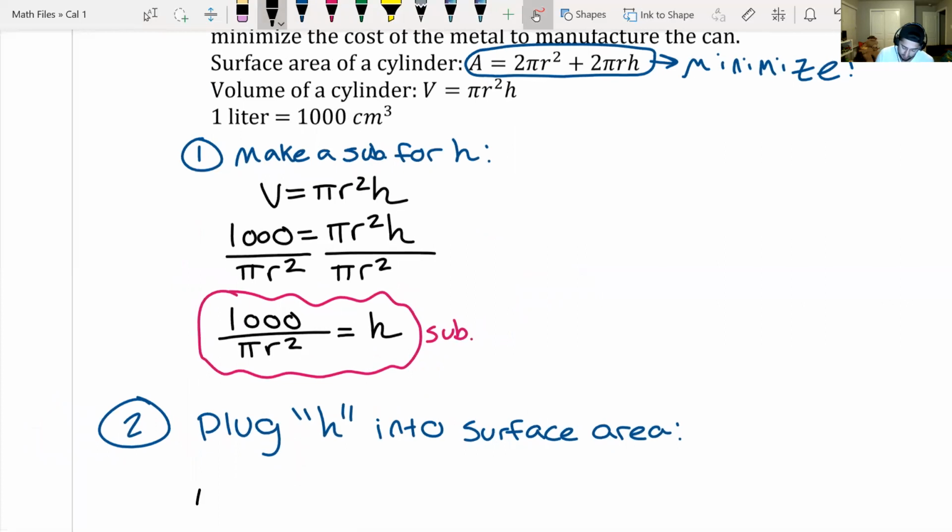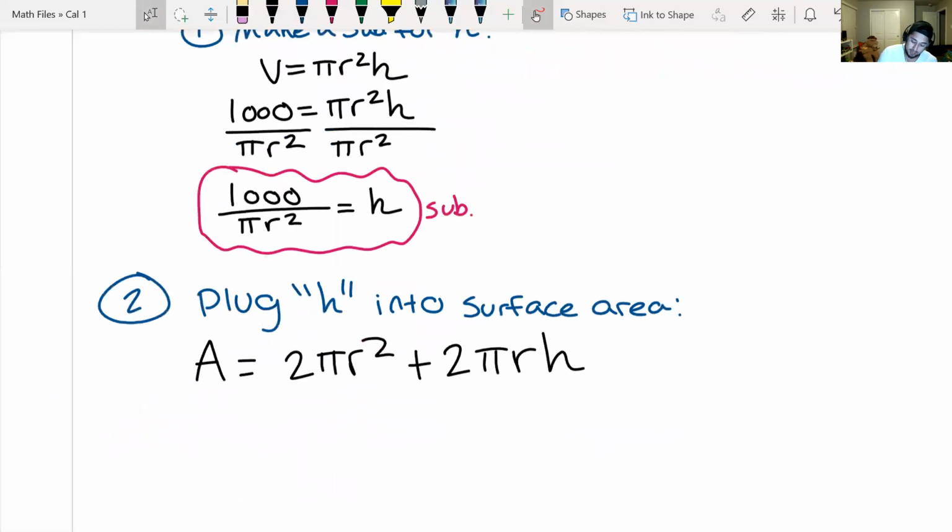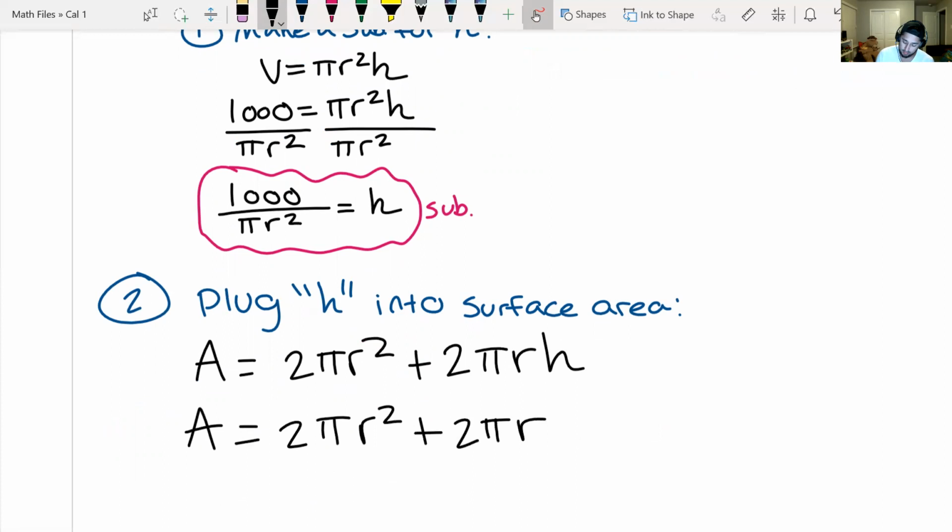So that's given by A equals 2 pi r squared plus 2 pi r h, not to the h, 2 pi r h. Okay, and now we're going to plug in that substitution. A equals 2 pi r squared plus 2 pi r times that substitution of 1,000 over pi r squared.